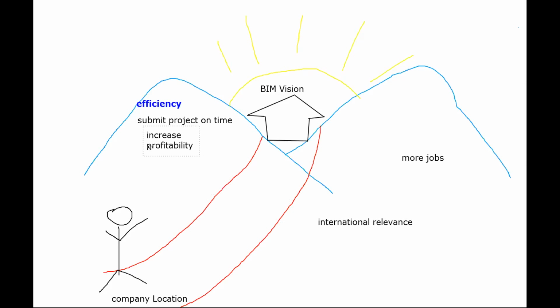Increasing profitability could be under efficiency too, or we could decide to have it as a different one, but usually you find common themes, and each company is different. What we try to do is just guide them, but they are the ones that usually categorize and put them one after the other.